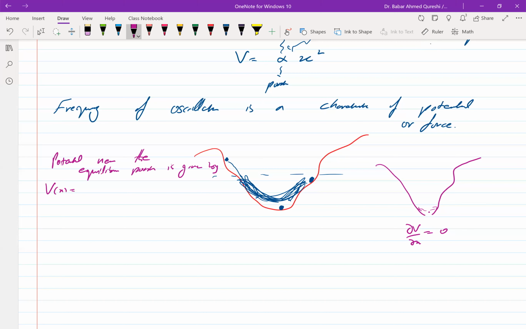I can give this position a coordinate 0, doesn't matter what you call it. So then this would be V of 0 plus x V dash of 0 plus x square V double dash of 0 plus x cube V triple dash of 0, and so on.